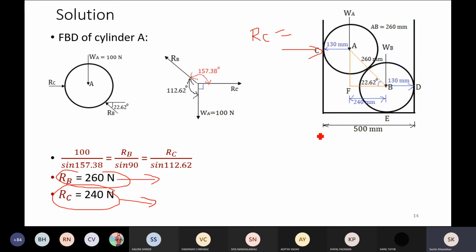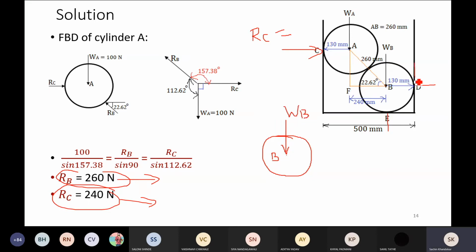Now, in order to know the reactions at D on cylinder B and reaction at E on cylinder B, we are going to draw the free body diagram of this cylinder B. Okay, now what are the various forces acting on cylinder B? Of course, the first one is the self weight, which is say WB.